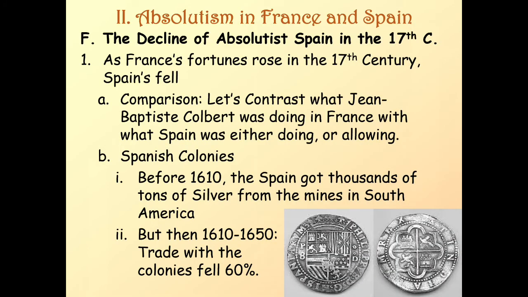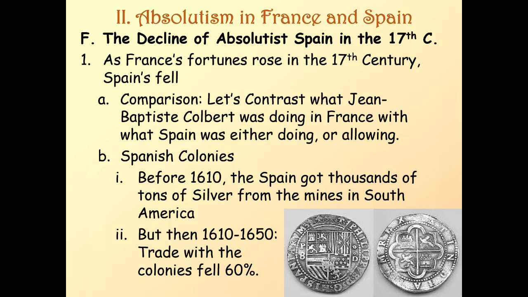The decline of absolutist Spain in the 17th century: as France's fortunes rose under the leadership of people like Colbert in the 17th century, Spain's actually fell. There's a comparison. Let's contrast what Jean-Baptiste Colbert was doing in France with what Spain was either doing or allowing. Spanish colonies.